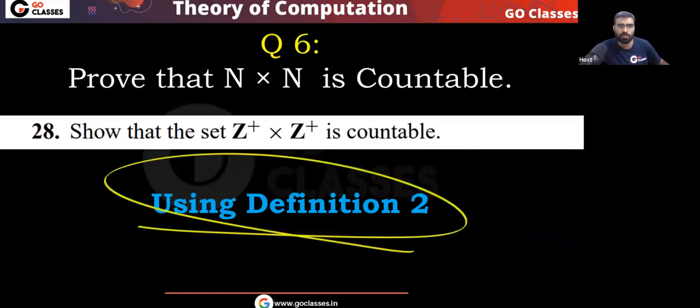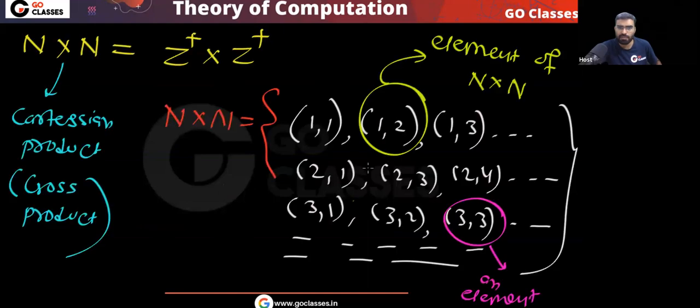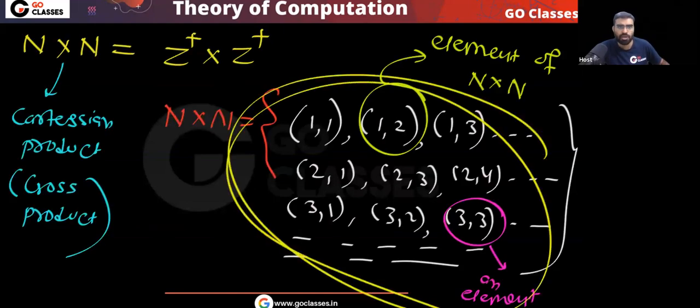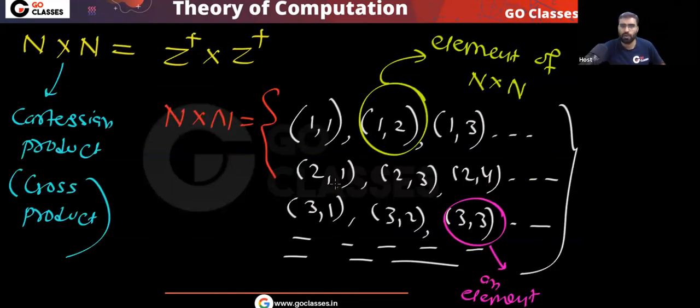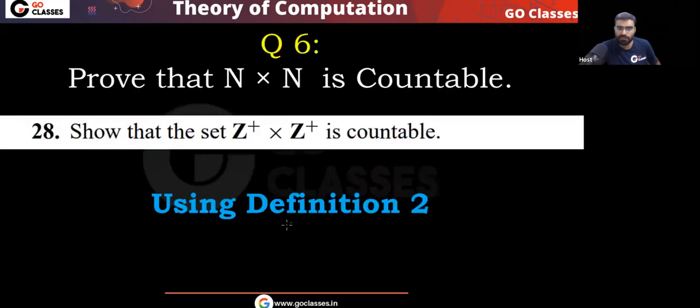Using definition 2, how will you prove it? Set of ordered pairs from n cross n, can you give me an enumeration? Yes, very good, a snake type of structure. First you arrange like this.